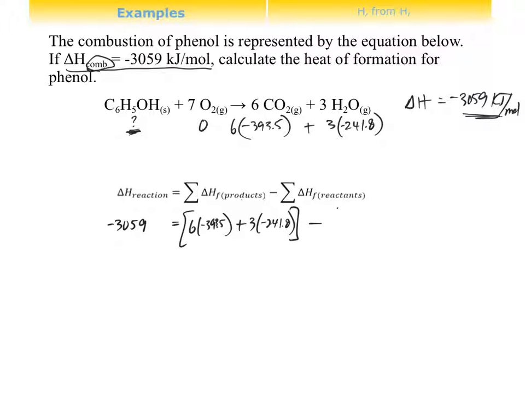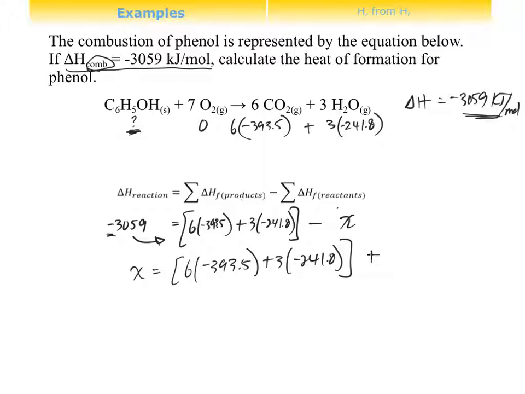But here I don't know this one. Let's call it x. Okay, so now to solve, I'll move x to the other side and make it positive. Negative 393.5 plus 3 times 241.8. And I'm going to move this one to the other side. If it's negative on this side, moves it to the other side, it becomes positive.